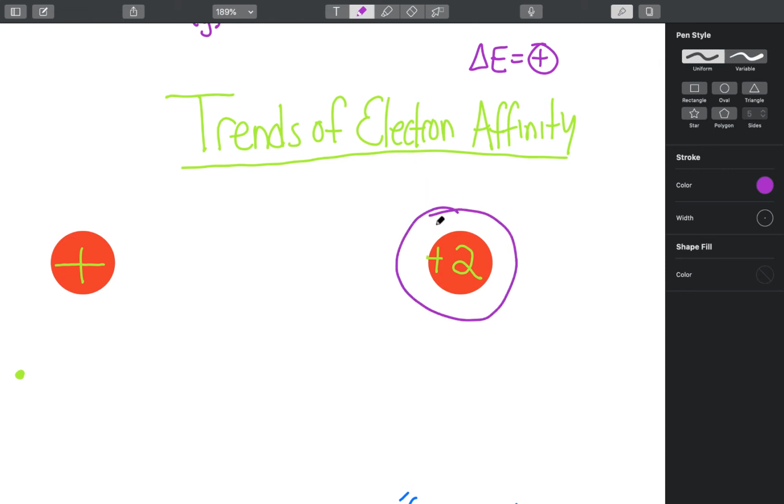And an electron would be easier to add to the positive 2 charged nucleus because it has a greater positive charge.